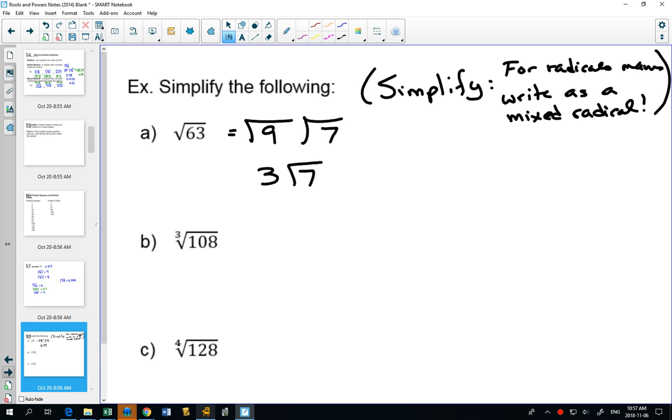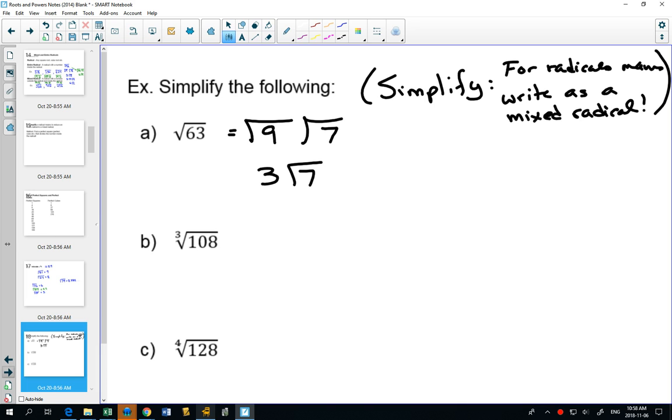Here we have a perfect cube. So we have to think, what times what is 108? And we want one of them to be one of our perfect cubes. So how quickly can you think of your perfect cubes in your head? We got 1. 2 cubed is 8. 3 cubed is 27. 4 cubed is 64.